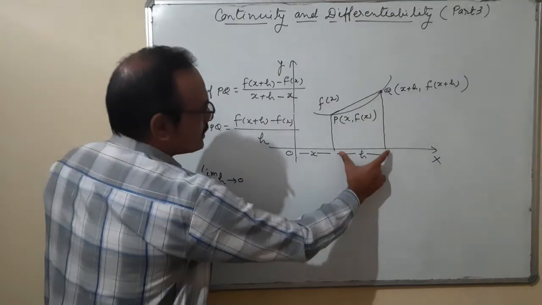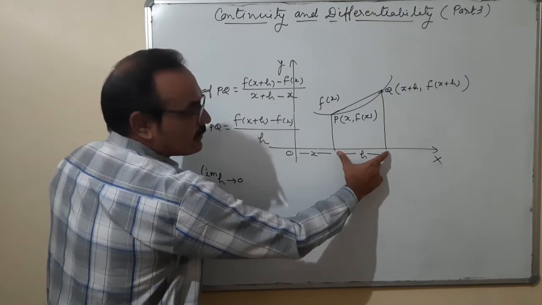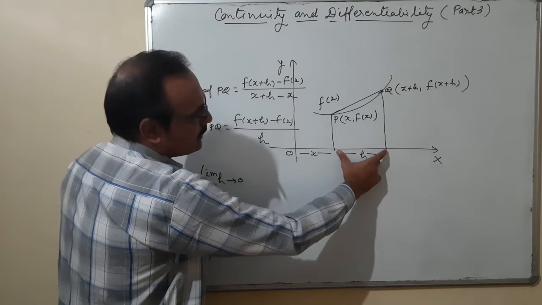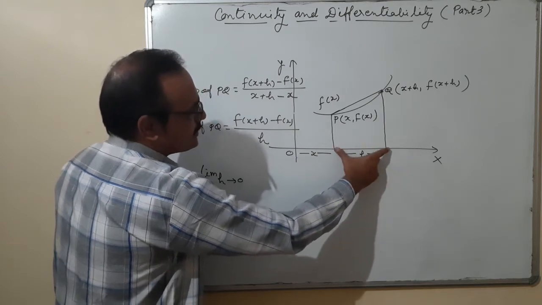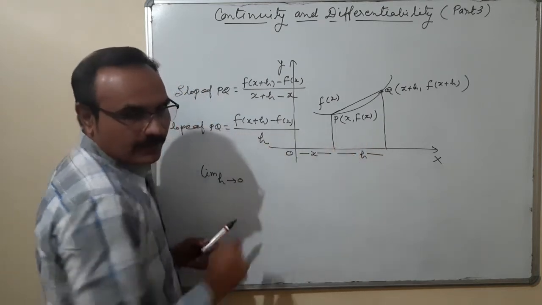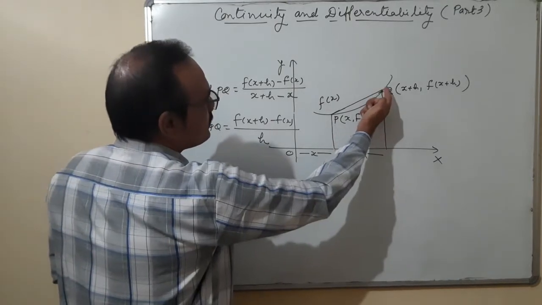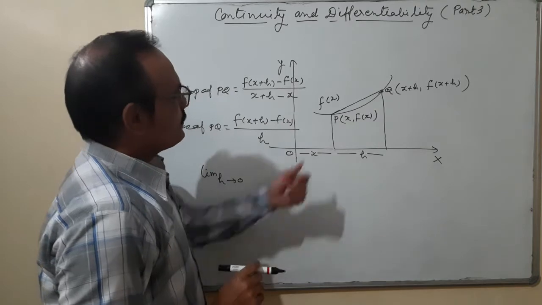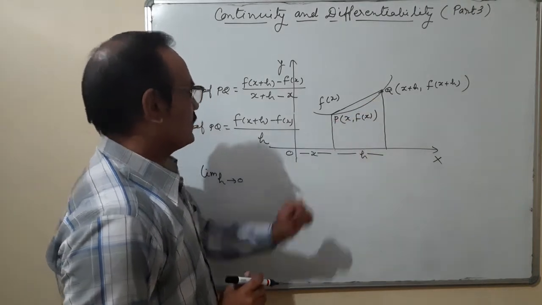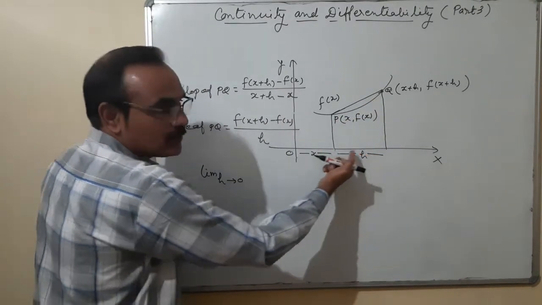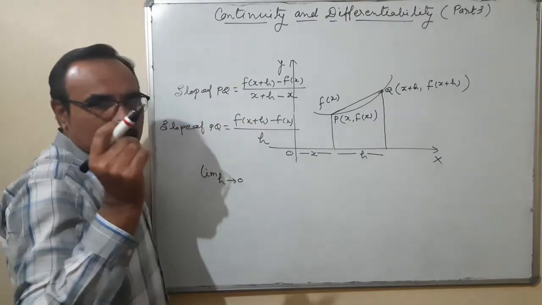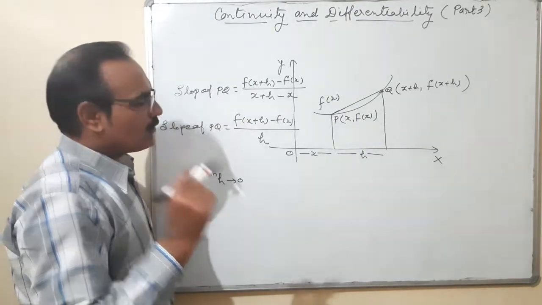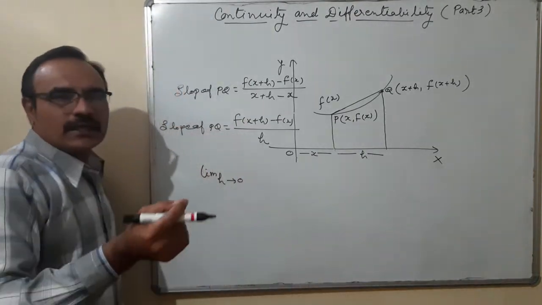We are talking about h being a very small value, near about 0, so Q is approaching P.